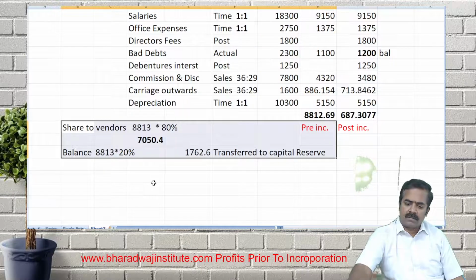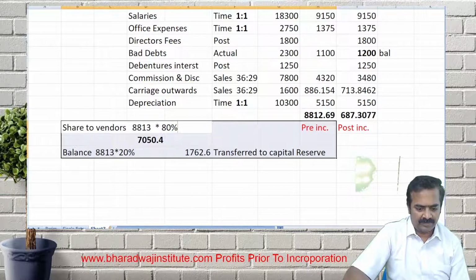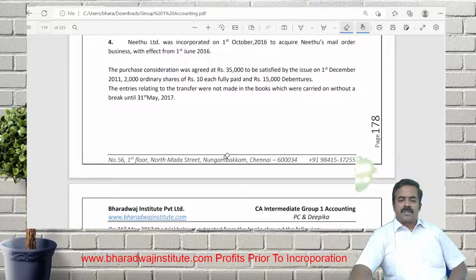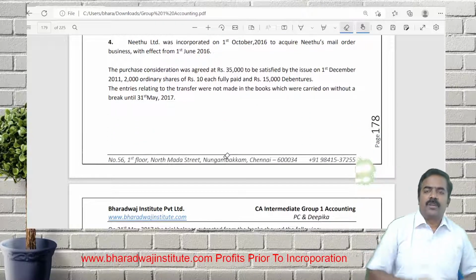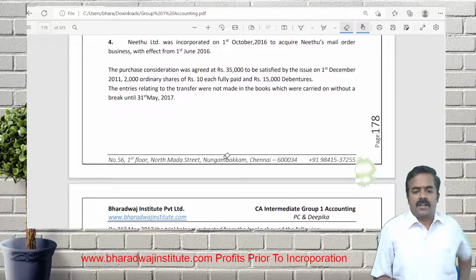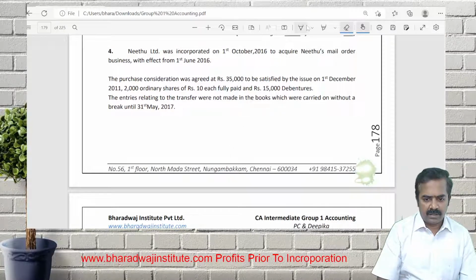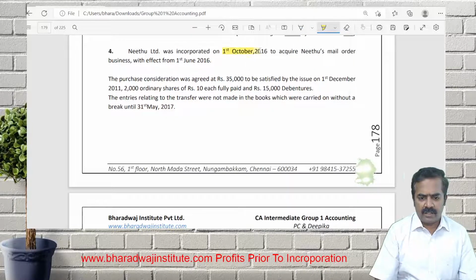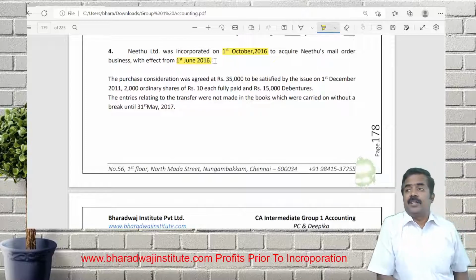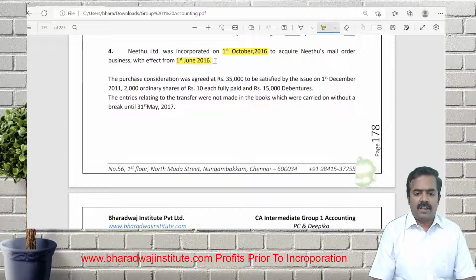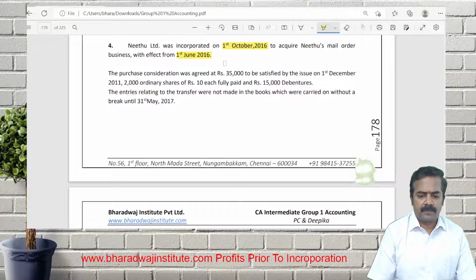How much accounting expense is there in total? Come to question number 4. Neetu Limited was incorporated on 1st October 2016 to acquire a mail order business from what date? 1st October 2016. Agreement date is 1st June 2016. Incorporation date is 1st October.